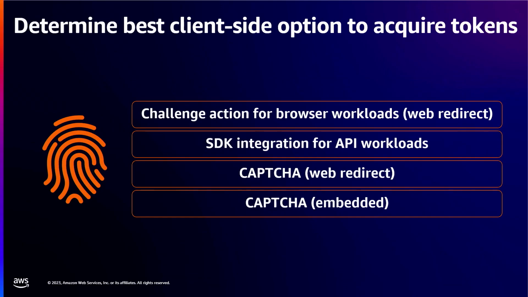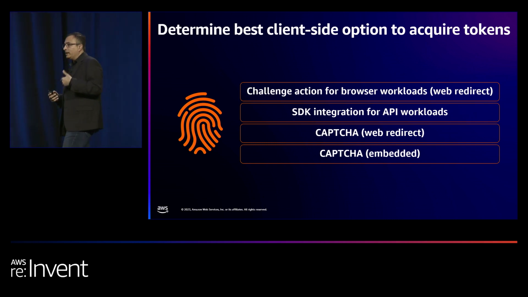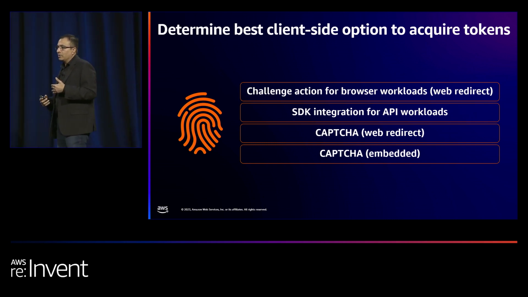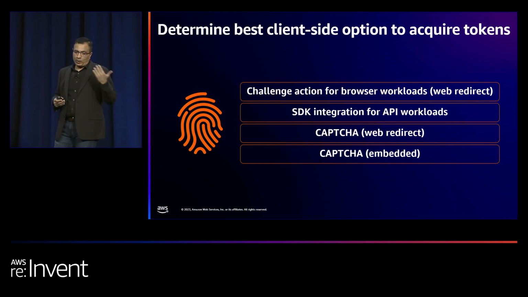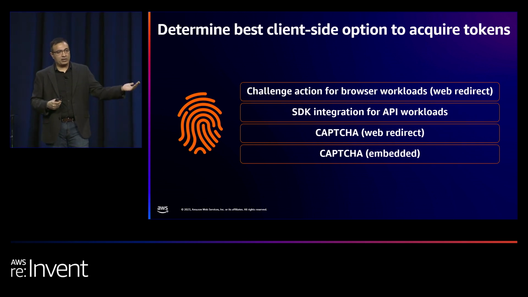We also know that your application environments are complex, and there are constraints on your end on how you can integrate such a solution. So we have provided some different options to acquire a token and to run a proof of work on the client side.